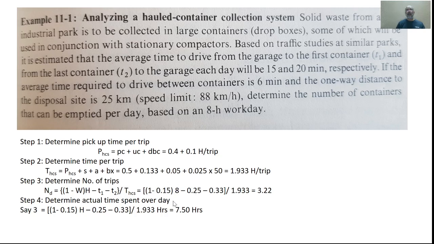By assuming that the total work day is 8 hours, we can have the number of trips as 3.22. As this 3.22 trips are earned, we can have this converted to 3, and the actual time spent can be worked out for that activity.